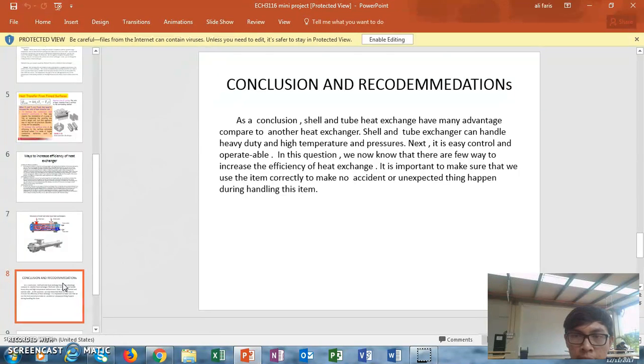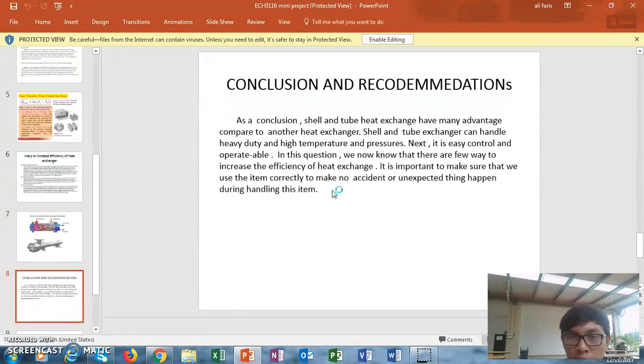The next advantage of the shell and tube heat exchanger is that it is easy to control and operate. It is not difficult to operate, so it is easy. Any question?